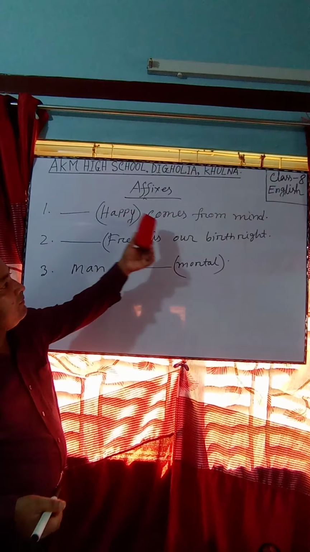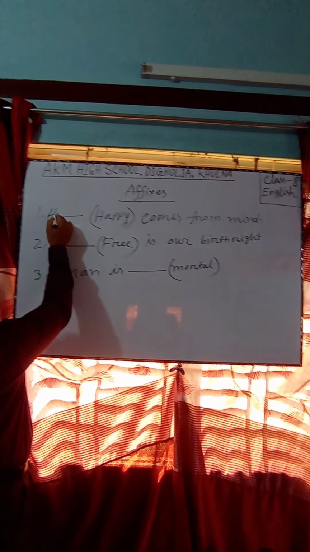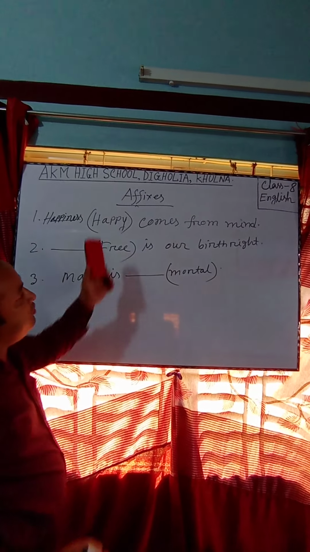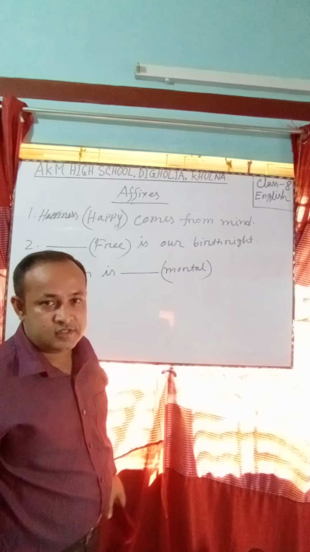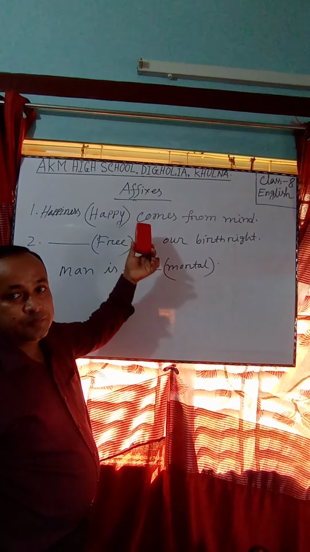Happy comes from mind. That means happiness comes from the mind. In the sentence, what kind of affix do we use?